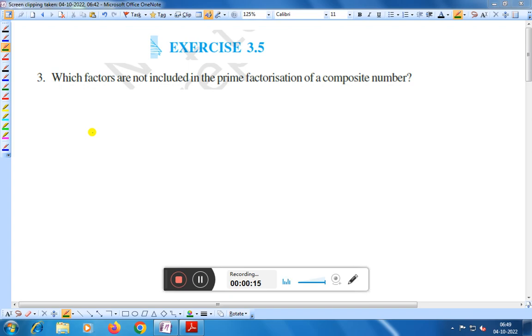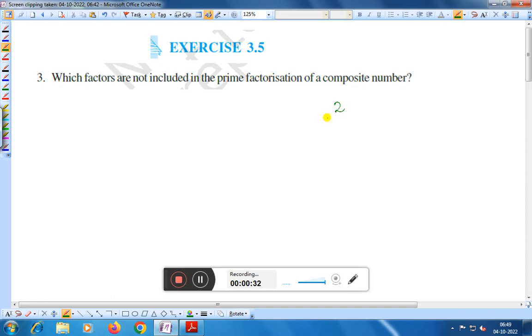A composite number has always more than two factors, and a prime number has only two factors, that is 1 and the number itself. Let us take one prime number. Suppose 2 is a prime number, right?